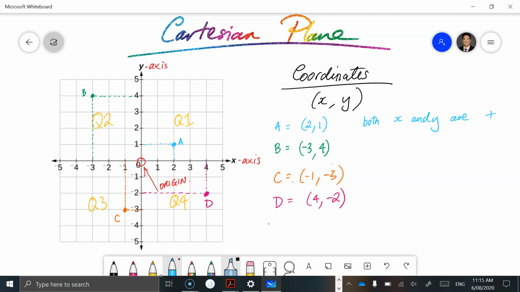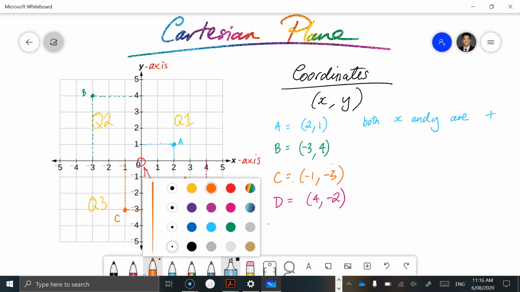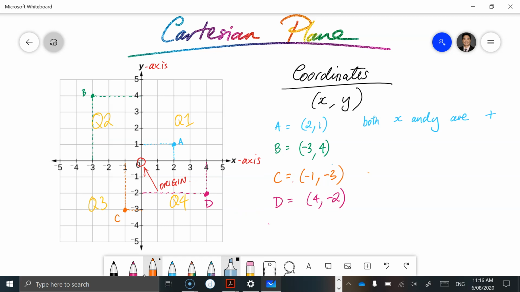We've got a positive 2 and a positive 1. Whereas in quadrant 3, where point C is, both x and y are negative. We have a -1 and we have a -3.